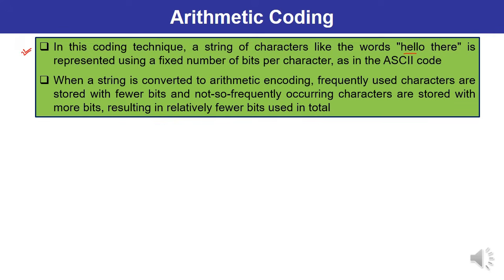So overall it results in relatively few bits being used in total. So you must remember, you have to encode those characters which are occurring very frequently with less number of bits, and the characters which are occurring not so frequently can be stored with relatively higher bits.